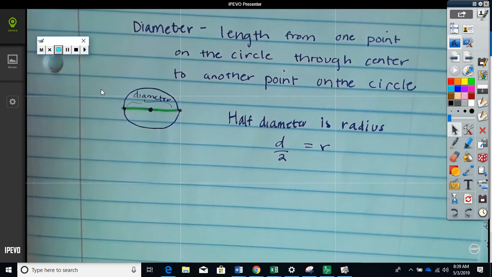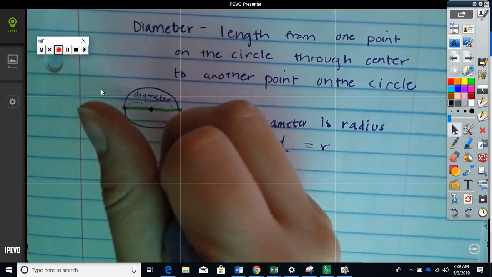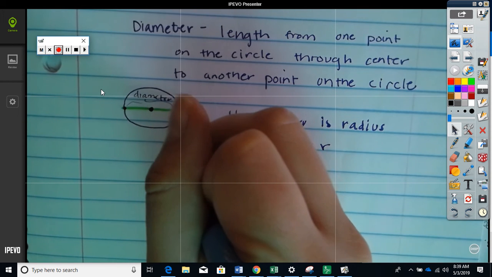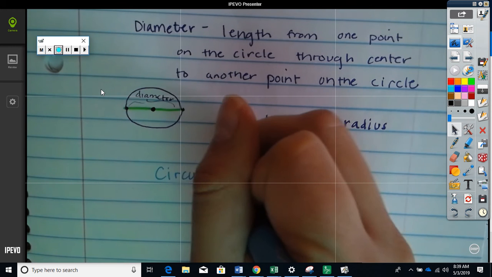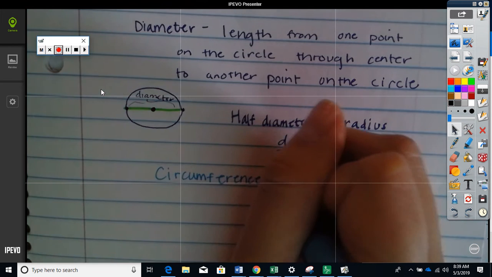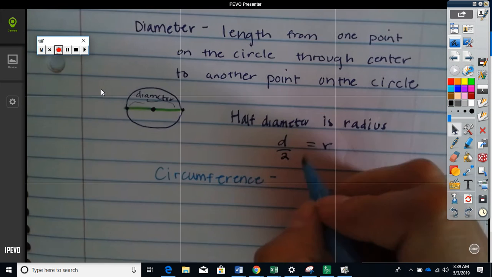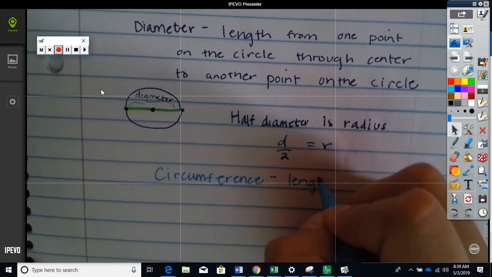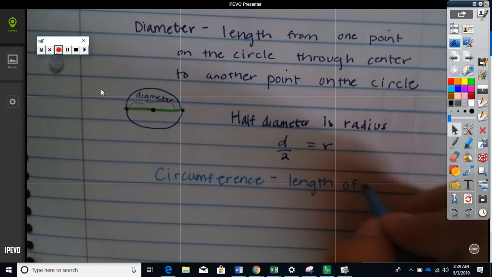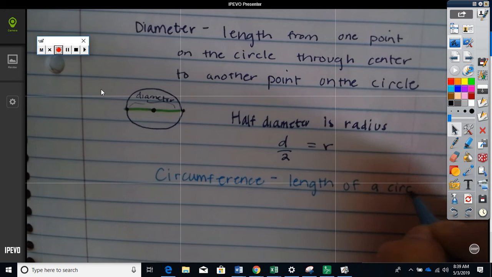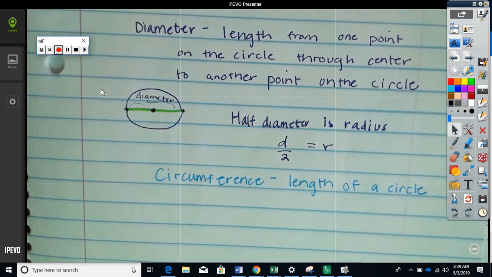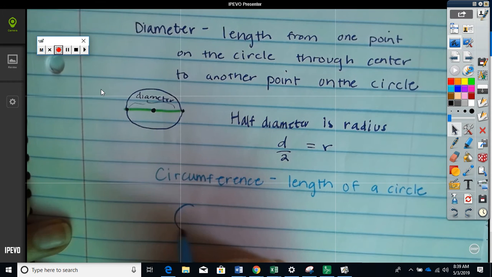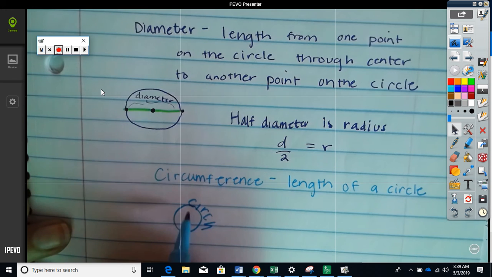So one of the things that we'll do today is circumference. Circumference is the length of a circle. It's kind of like the perimeter. So if you had a circle, circumference would be this length around the circle.